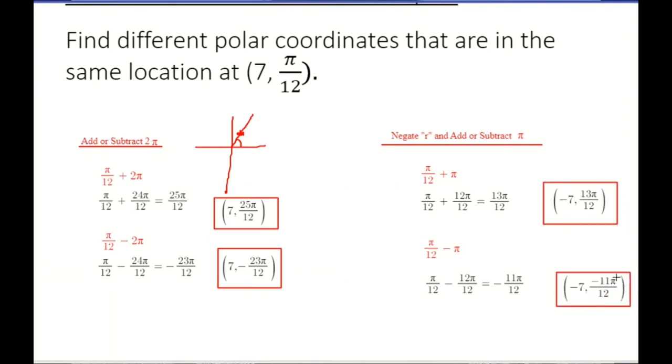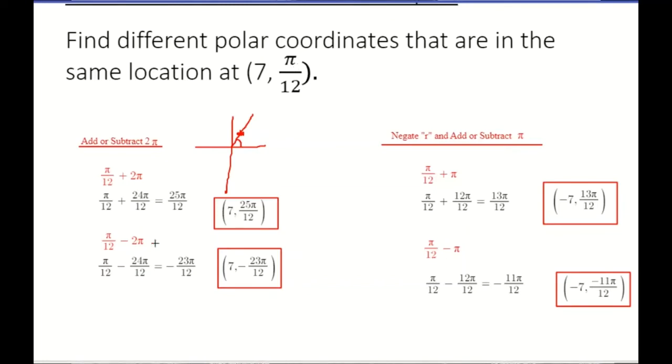Like we've got the first one, which has a positive r value and a positive theta value. This one has a positive r value and a negative theta value. Over here, we've got a negative r value and a positive theta value. And down here, we've got a negative and a negative. So I'll usually ask you something like, find a coordinate that's in the same place as this, where both r and theta are negative, in which case you're probably going to do this.